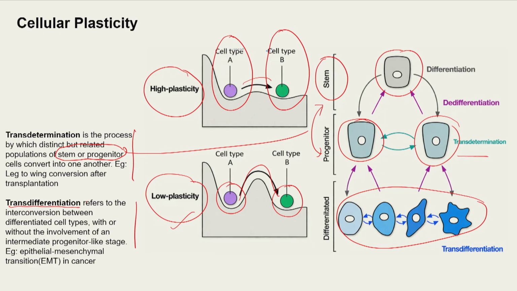Now transdifferentiation is a term which is typically used for differentiated cell types. Once the cells are differentiated, they can't go back to their progenitor cell type.